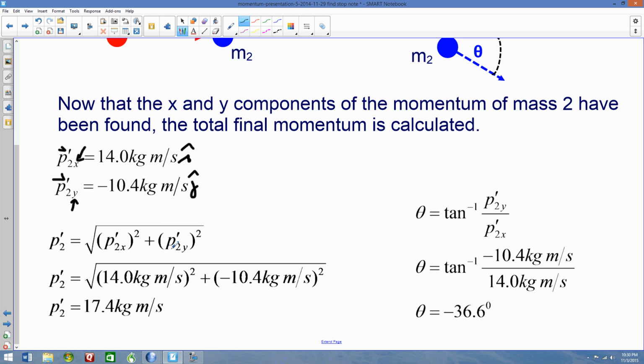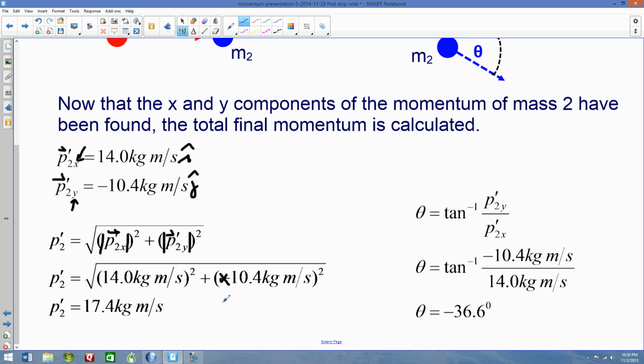Okay, so let's go ahead and solve for the magnitude. We substitute our numbers into the Pythagorean theorem. And notice this is wrong. Take that negative out. We're only putting in the magnitudes, okay? This is a trig function. Trig functions do not get direction. A lot of times people make this mistake of putting the negative in there, and you're not going to. Now you can say, well, it gets squared.